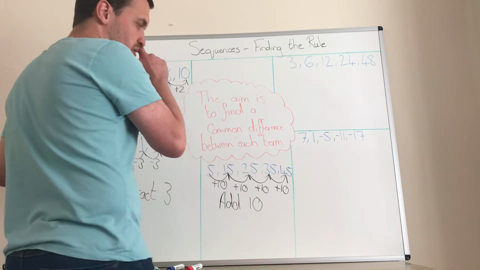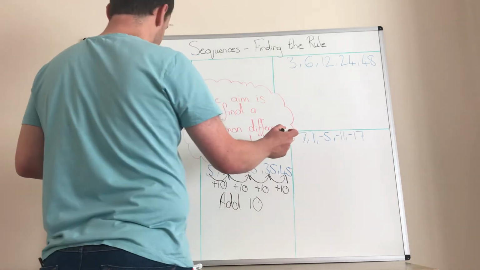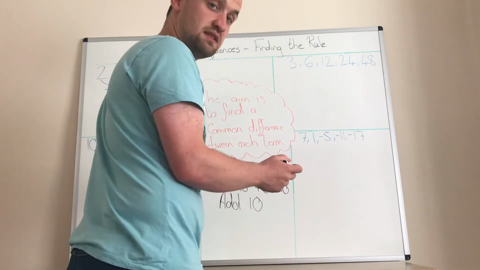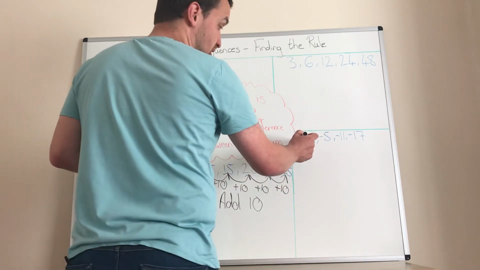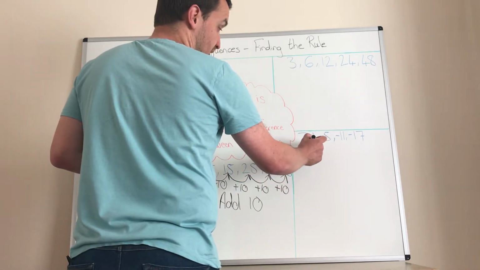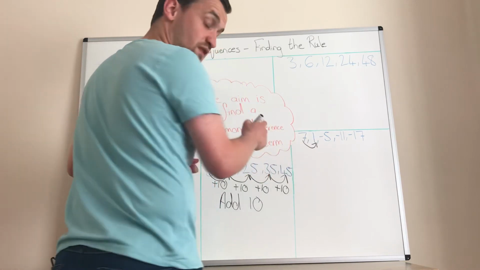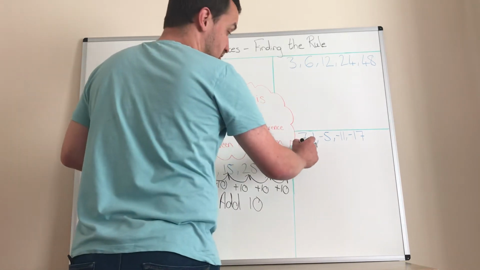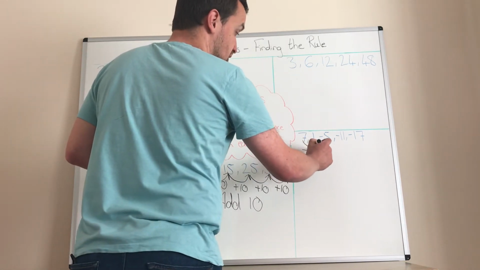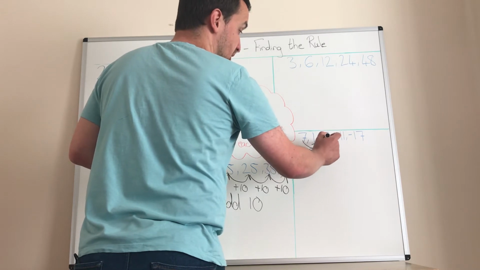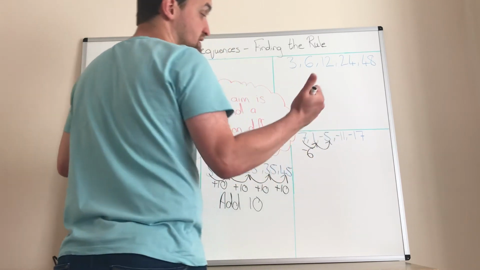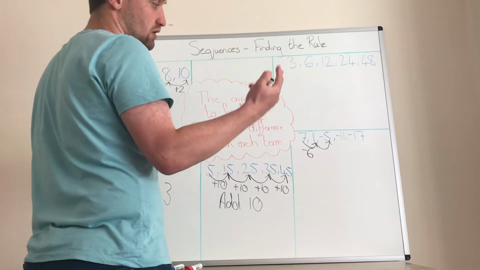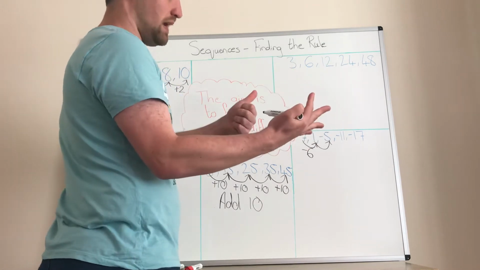Let's look at this one now. This one looks a little bit more complicated because we've got negative numbers, quite a few negative numbers in the sequence. But we always start off by finding the difference. To get from 7 to 1, we subtract 6. 1 to minus 5, we got 1, 0, minus 1, minus 2, minus 3, minus 4, minus 5.